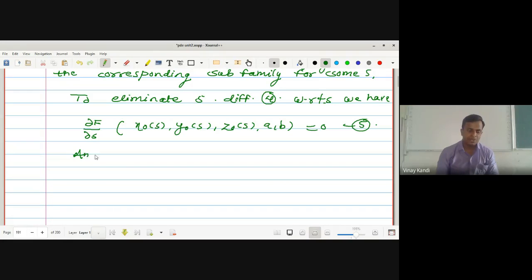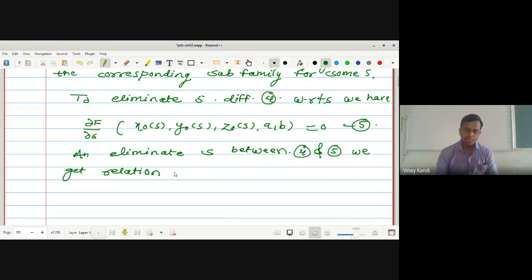So eliminating s between 4 and 5, we get a relation between a and b, which are arbitrary constants.